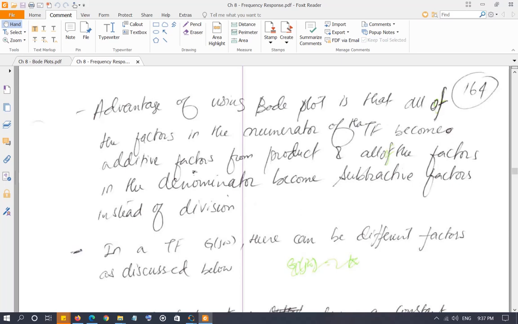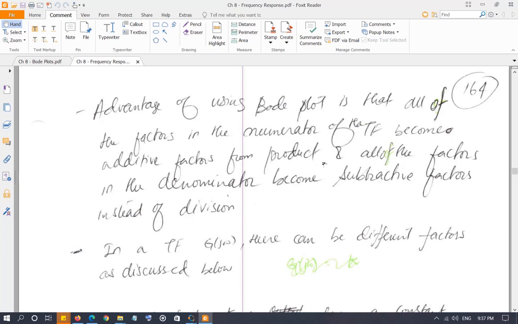Remember, in logarithmic scale, any product is represented by the log of each number that is being multiplied together, the log of each number added together, right? And any division becomes subtraction. So instead of multiplication and division, you can write in decimal scale and logarithmic scale your transfer function in terms of additions and subtraction.